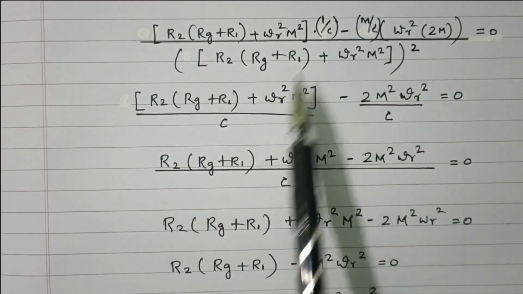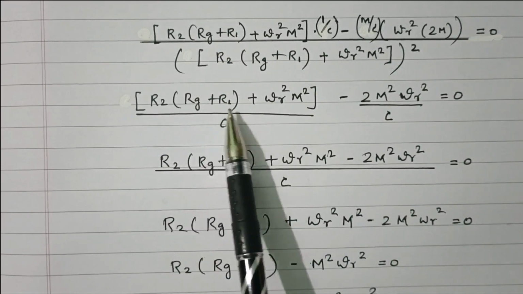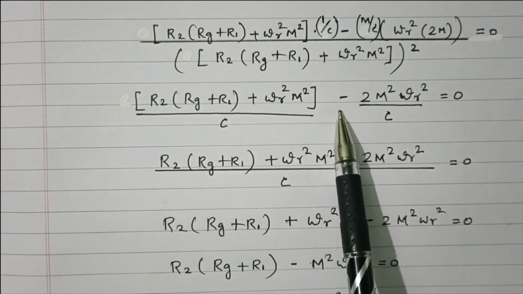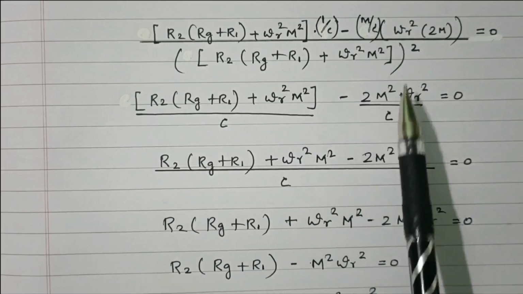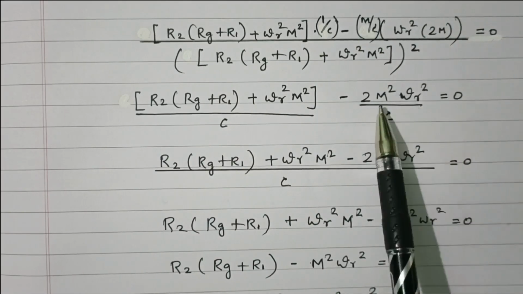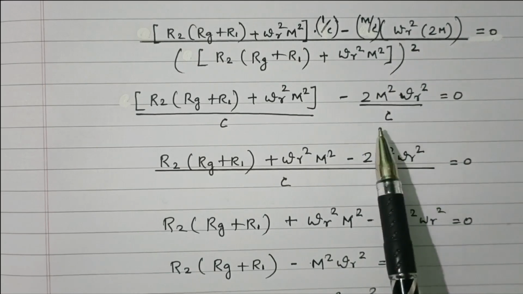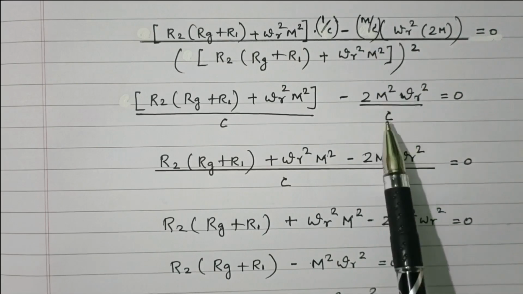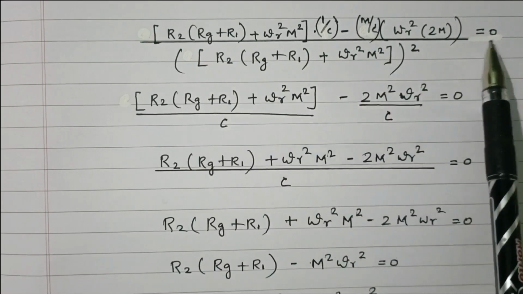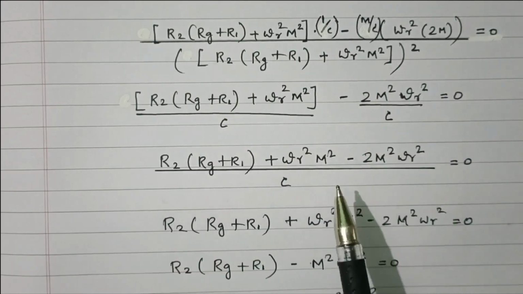Here C is there, that is 1 divided by C, R2 of (Rg plus R1 plus omega R square M square), divided by C, minus M by C. M divided by C, here also one M is there, so M square, this 2 is available, omega R square divided by C. The total term in the denominator becomes 0, only the numerator is available, that is now simplified.